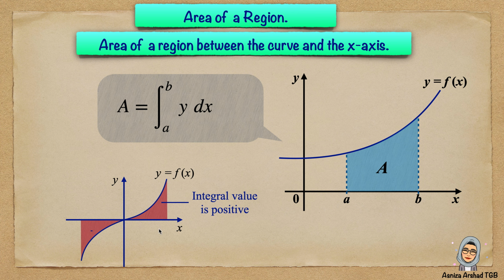But if the shaded region is below the x-axis, the value of the integral will be negative. So if we want to find the area, then we have to take the modulus, or find the absolute value of the integral.